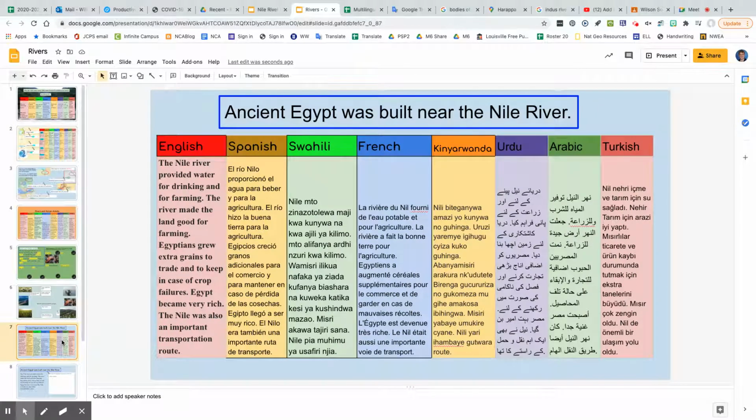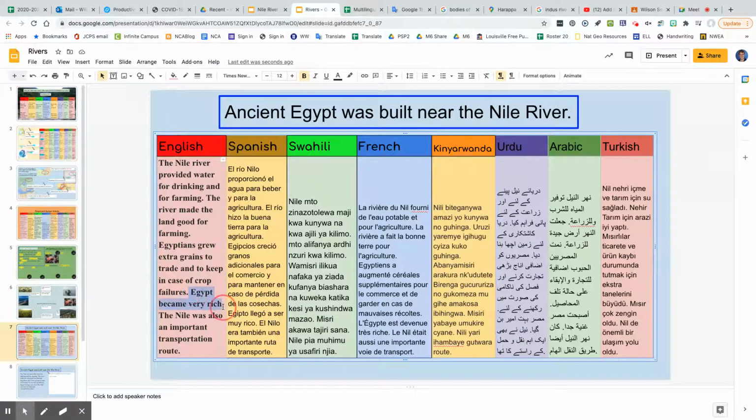Ancient Egypt was built near the Nile River. The Nile River provided water for drinking and farming. The river made the land good for farming. Egyptians grew extra grains to trade and to keep in case of crop failures.